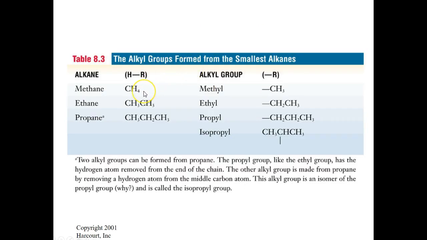Methane by itself looks like this, but if we take one of the H's off and we use this as a bead, we call it a methyl. Ethane has 2 carbons, but if I take one of the hydrogens off, it's called an ethyl bead that goes on that long chain. So propane goes to propyl. Those are things we add to a carbon chain, and we make it branched using those.